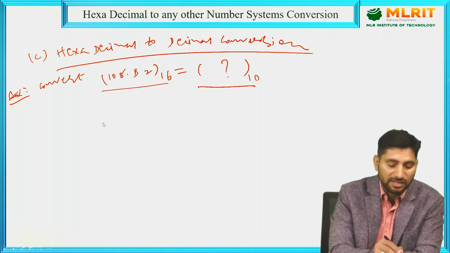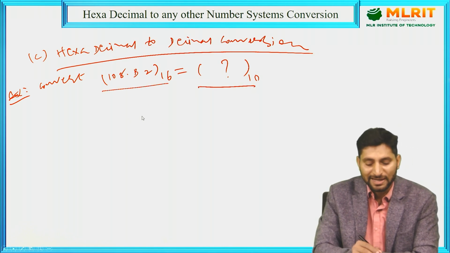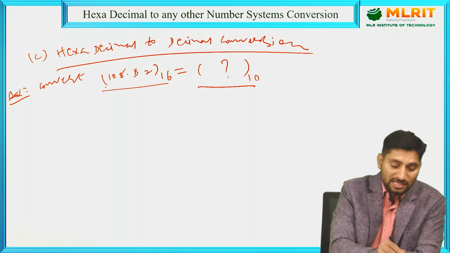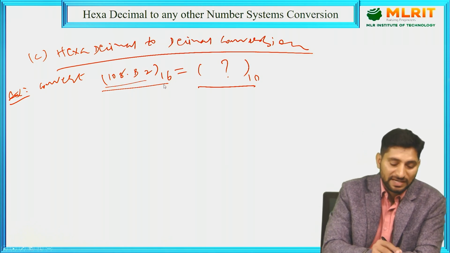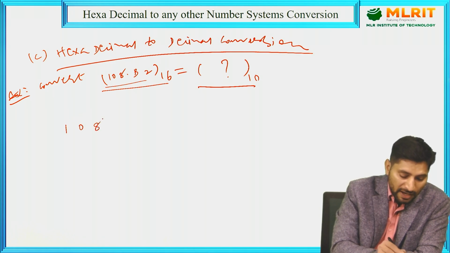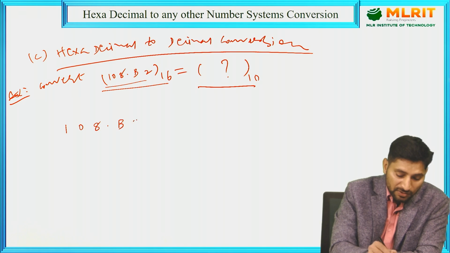It's a hexa quantity. So while converting hexa to decimal, I need to multiply these coefficients with their corresponding base weights. So the number is 1 0 8 dot B2.